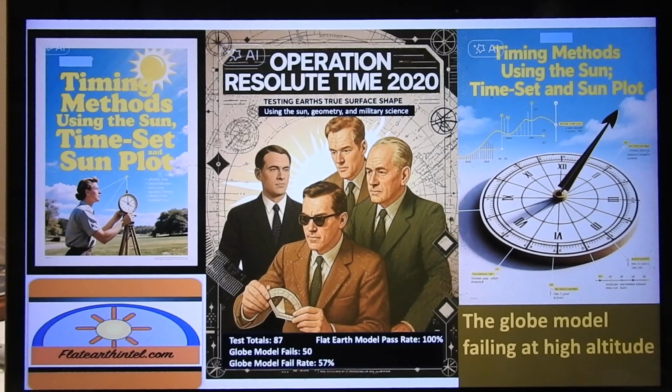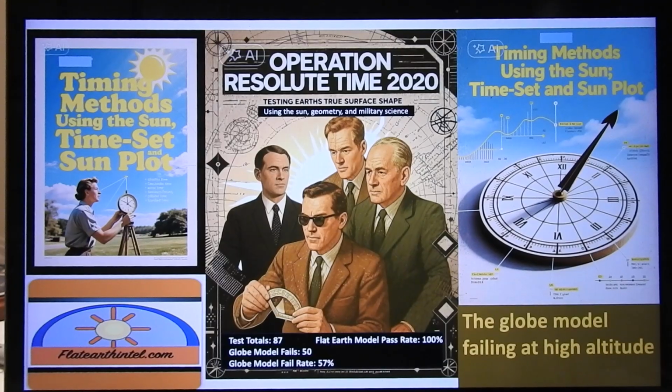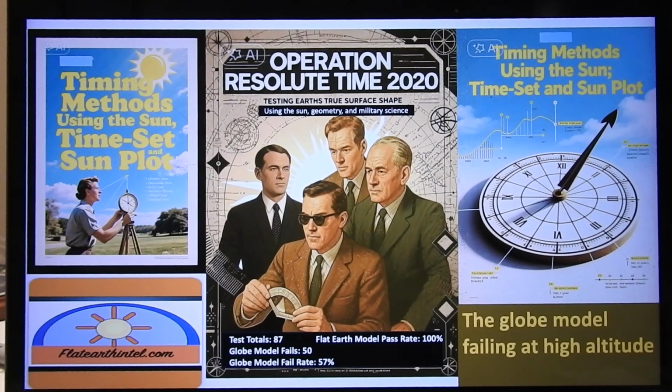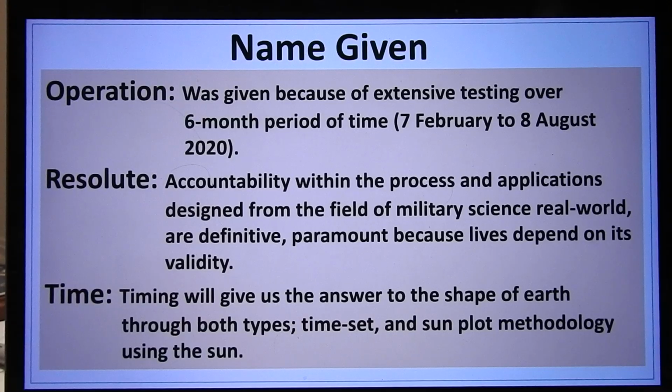And then the sun plot methodology is basically determining an azimuth from your position, where you're going to test the Earth's shape, to the sun's location 45 degrees away from your location, using latitude and longitude at a directional azimuth of the sun's location in the tropics. The best time to do that is during the summer sun season up in the northern hemisphere. So those are the two methods of timing.